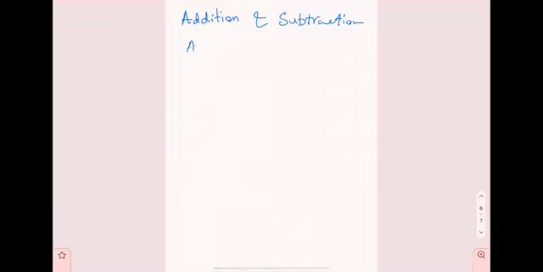If we have a vector A, and we have also vector B, we could have a vector C, which is A plus B. Or we could have, for example, vector D, which is a subtraction of these two, which is A minus B.